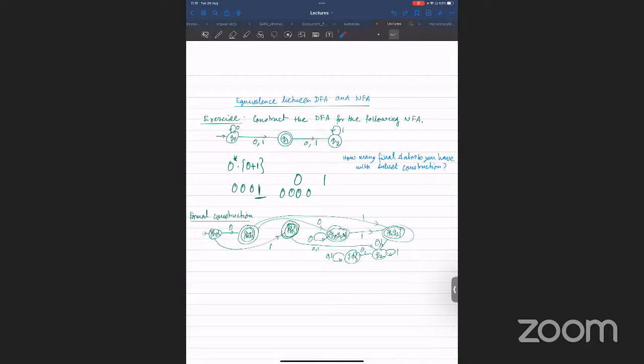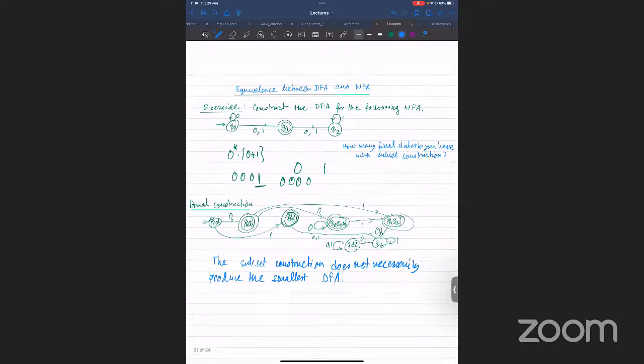The message is the following: the subset construction does not necessarily produce the smallest DFA. So you can have a smaller DFA with just 4 states.